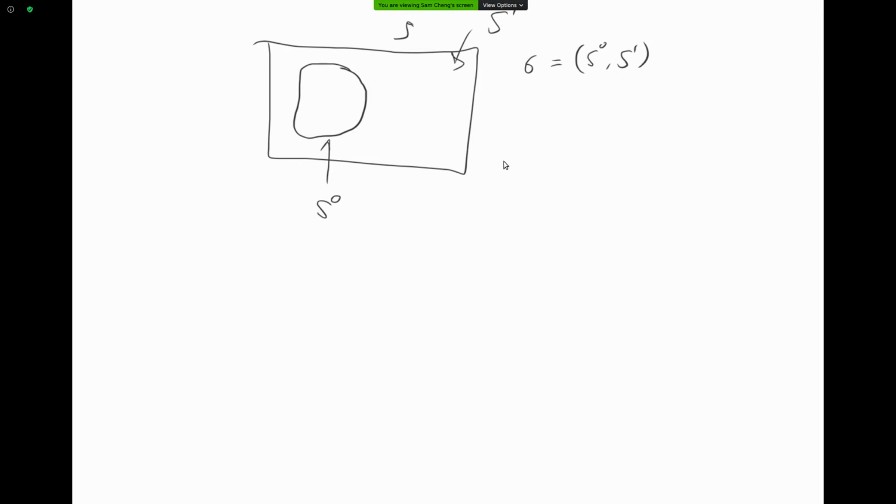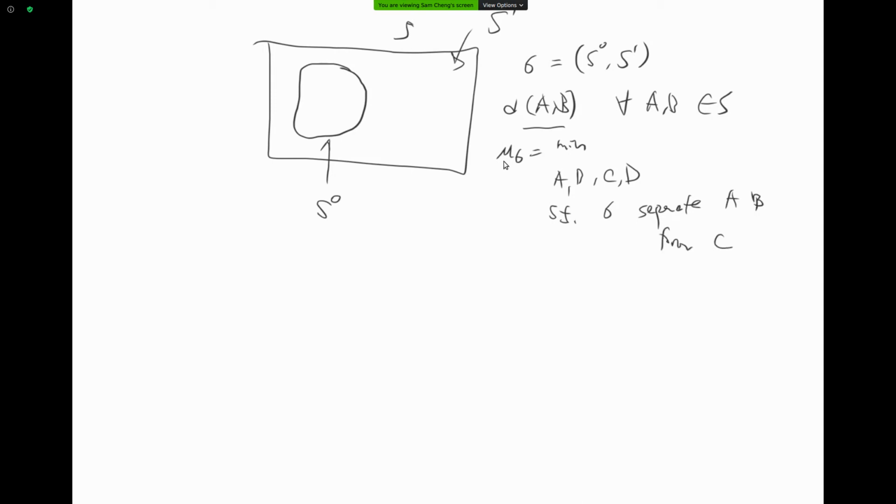Let's say I know some lateral distance metric between any elements A, B in S. Then I can define mu sigma as follows. I pick mu sigma as the minimum over all A, B, C, D such that sigma separates A, B from C, D, of the value D(A,C) plus D(B,D) minus D(A,B) minus D(C,D).